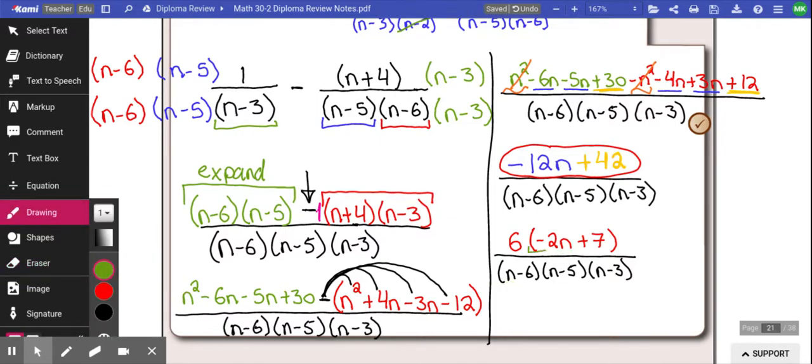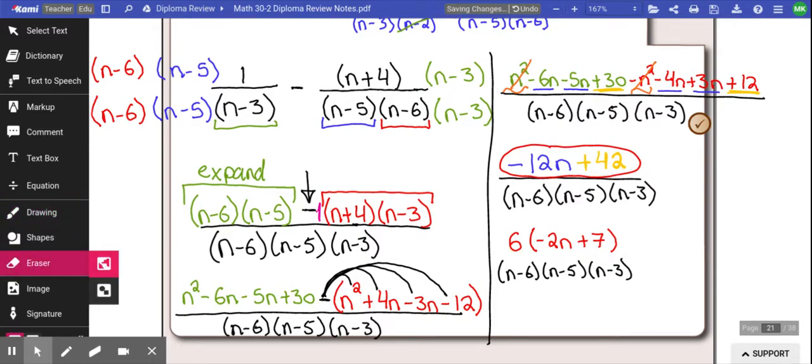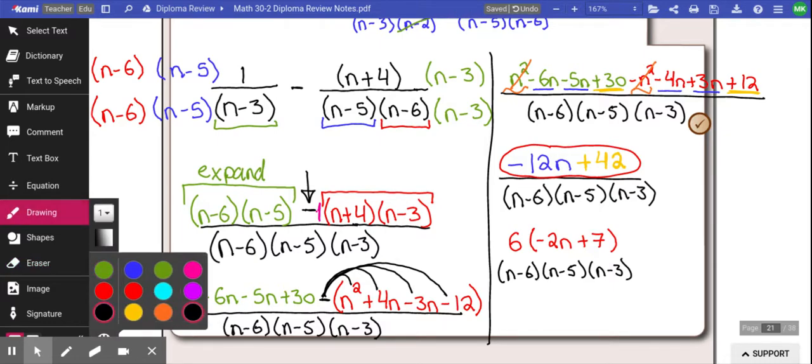This n is a part of -2n plus 7. That can only cancel with other -2n plus 7s. And there isn't one of those. My monomial of 6 out front can only cancel with other monomials of 6s. There is no other monomial out front. So that means it can't reduce with anything. That means this is my final answer. And I am done.